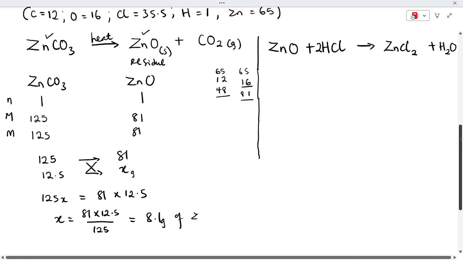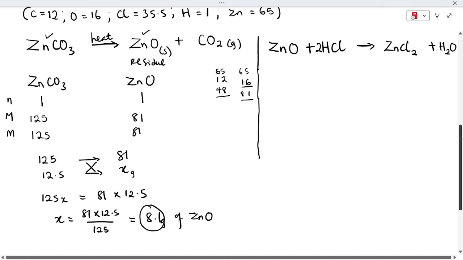So that means that when 12.5 grams of zinc carbonate was heated, it actually produced 8.1 grams of zinc oxide. And it was this 8.1 grams of zinc oxide that reacted with hydrochloric acid. So if any amount of zinc chloride was produced, it had to have come from this 8.1 grams of zinc oxide.